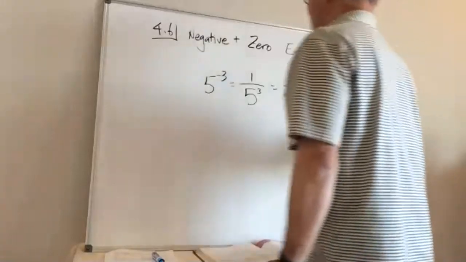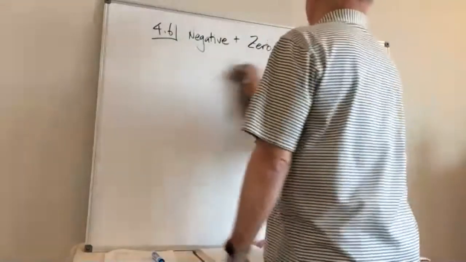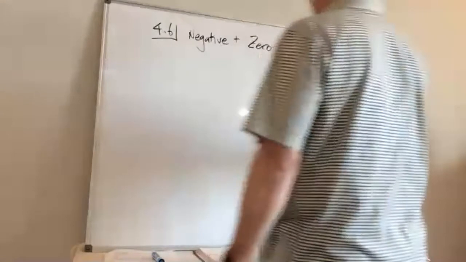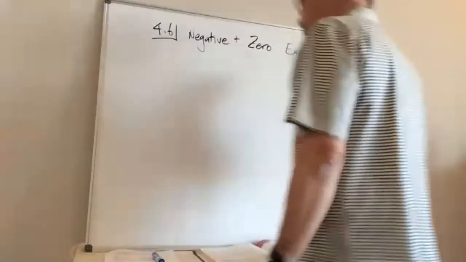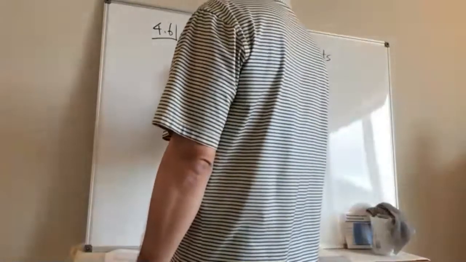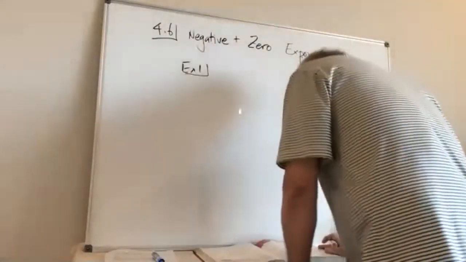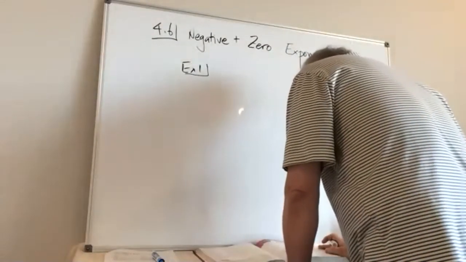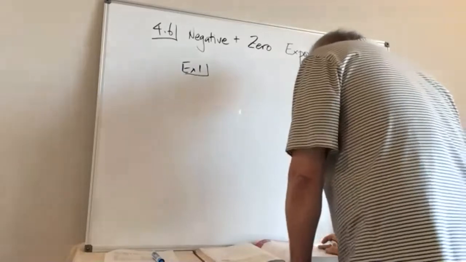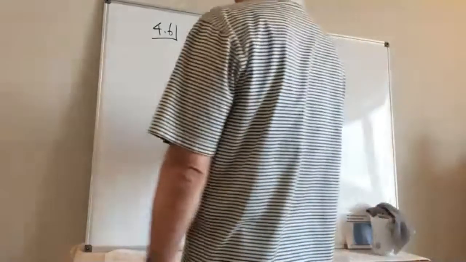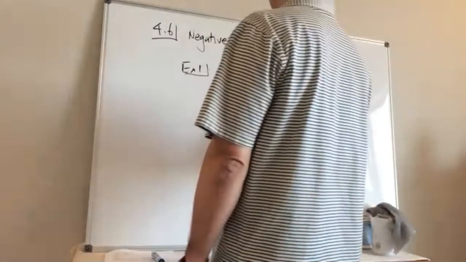All right, let's see if we can use this to do some of the examples. Let's do example number 1: write the expression using only positive exponents. So we're going to start from here.